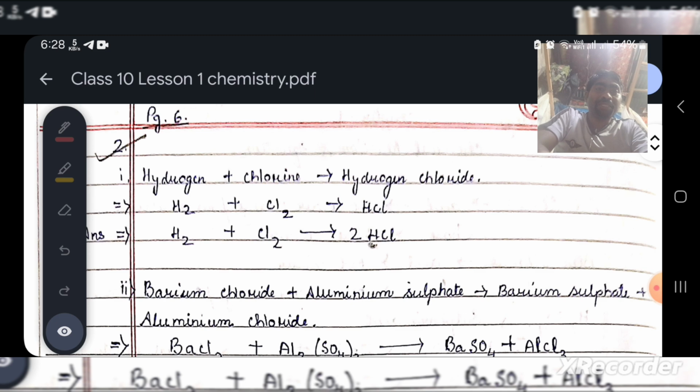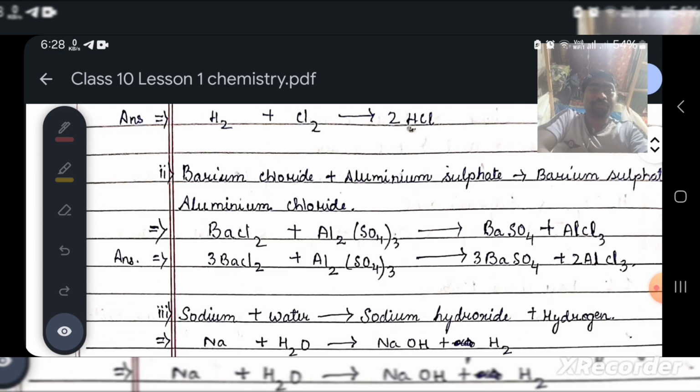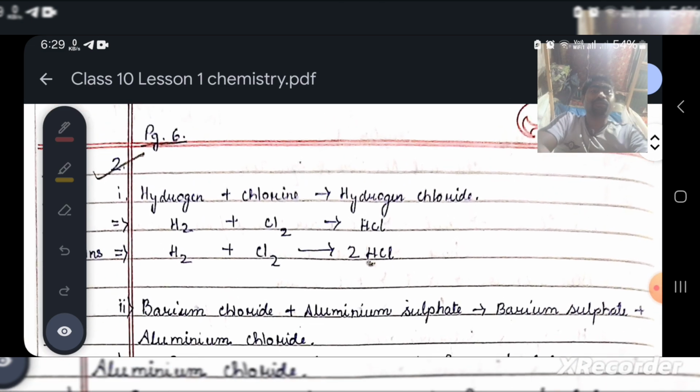Same way, in page number 6 you can look in the book. There are some questions given. Look here. The question is written in words: hydrogen plus chlorine will give hydrogen chloride.